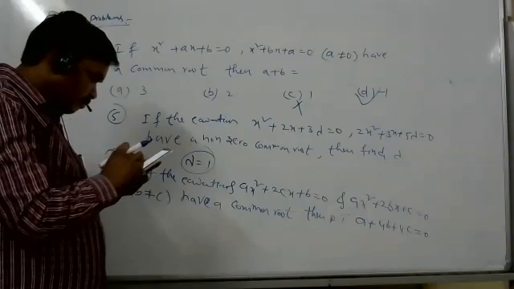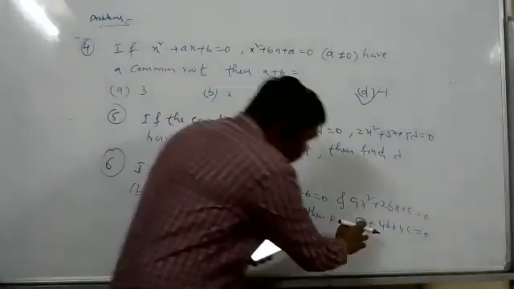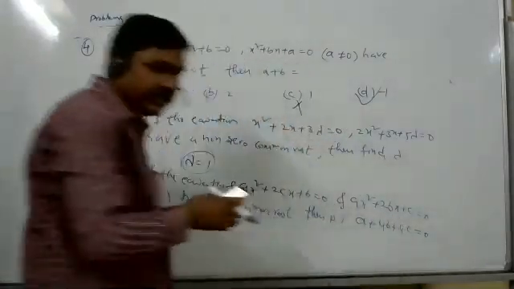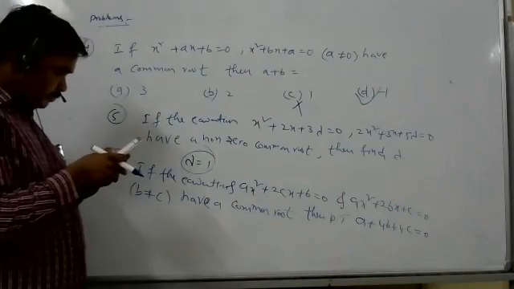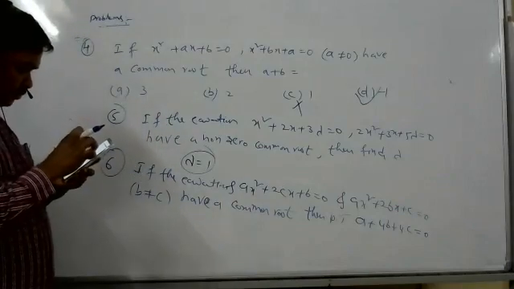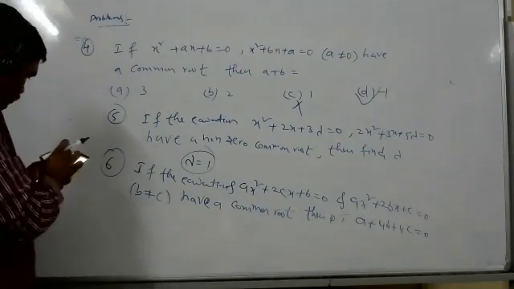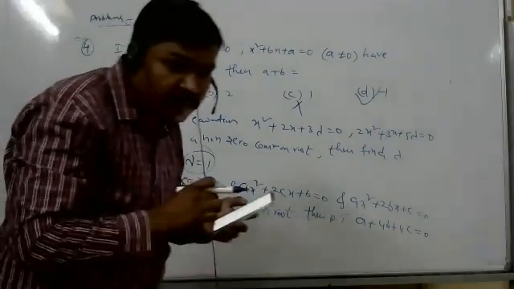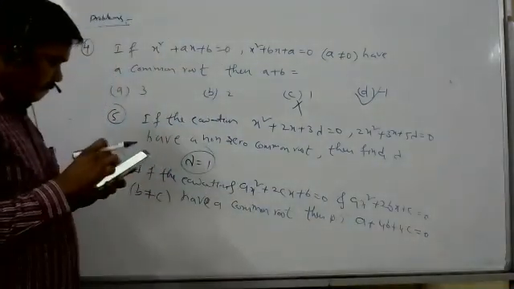So that's 4b plus 4c, right? a plus 4b plus 4c. Okay, sir. Even I'm getting it as -1. Minus 1. Yes, sir.